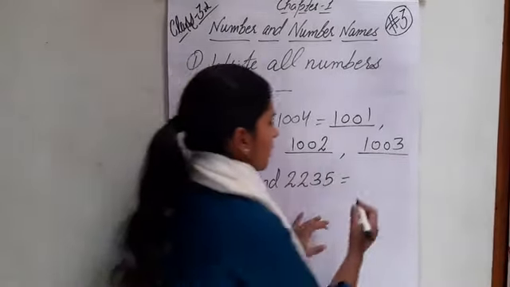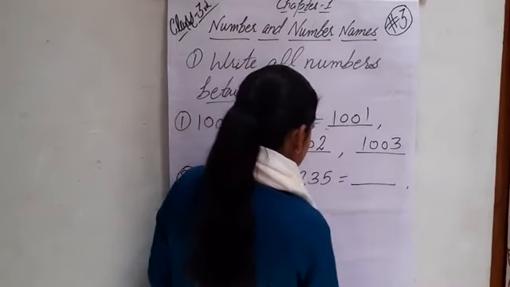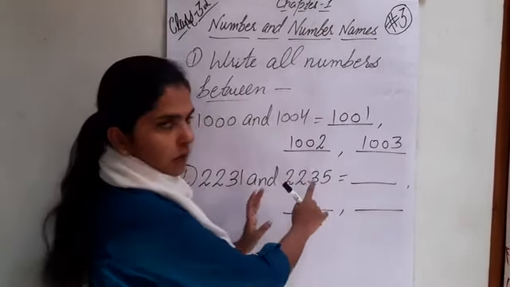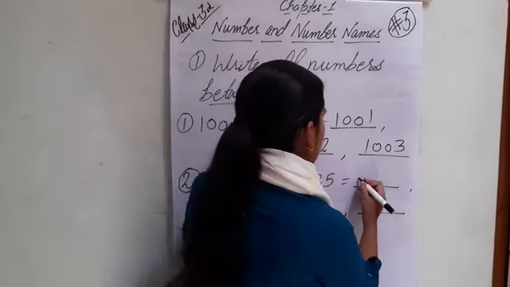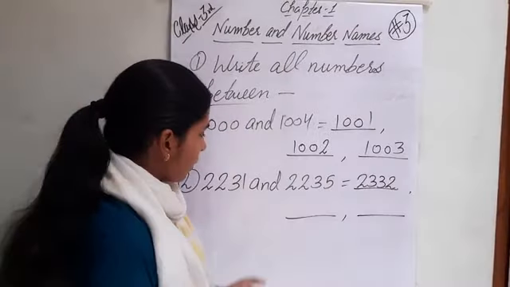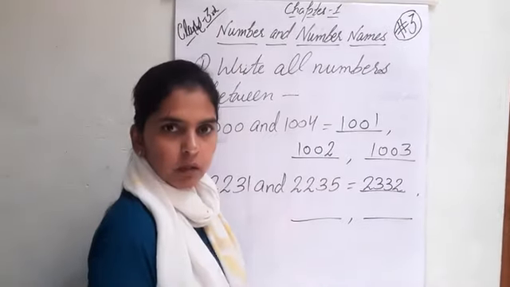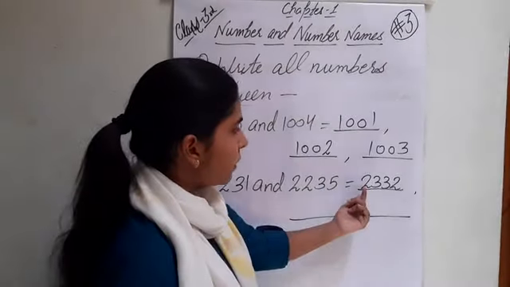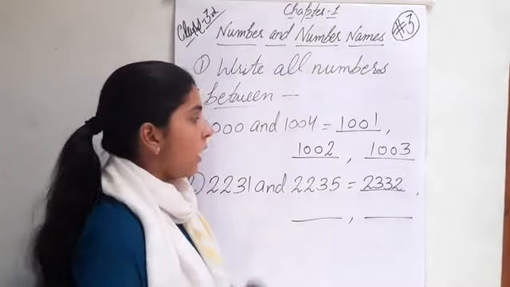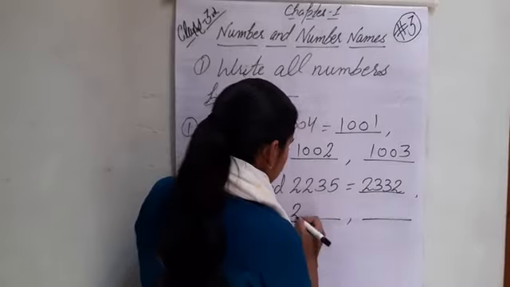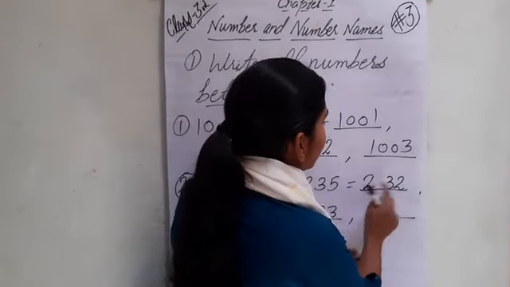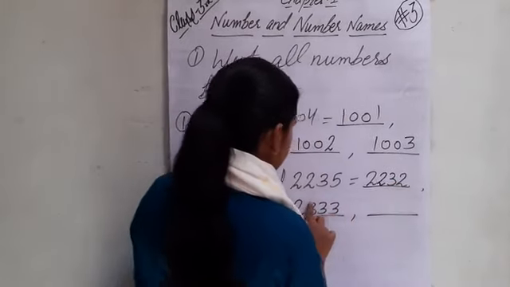You will just write the numbers like 2232, because after 1 comes 2, so the next number will be 2232. Okay students, by mistake I had written 3 there.